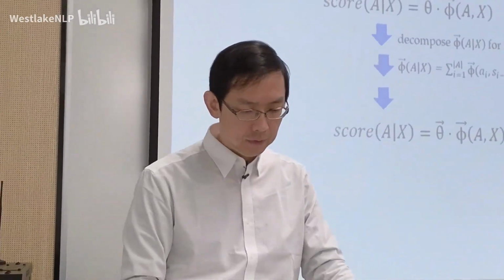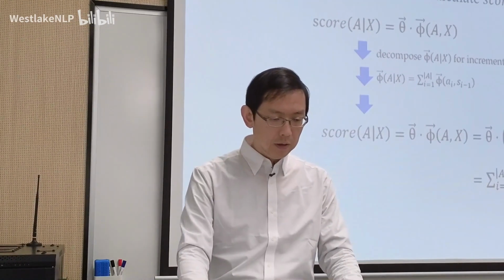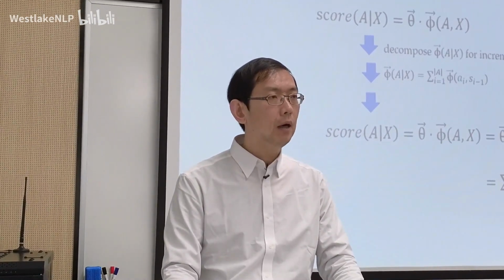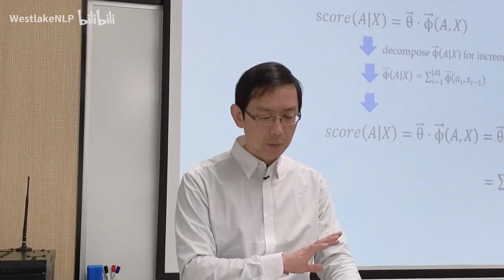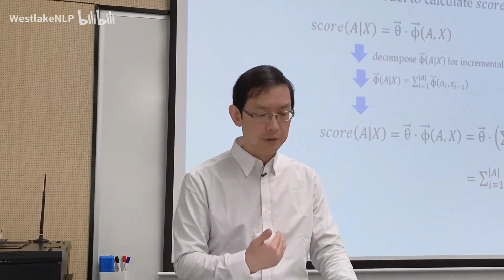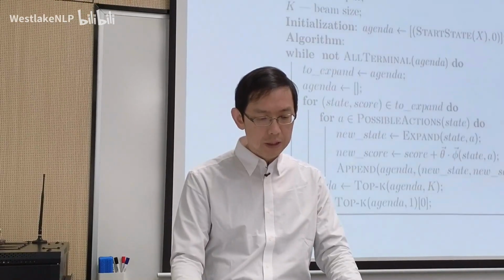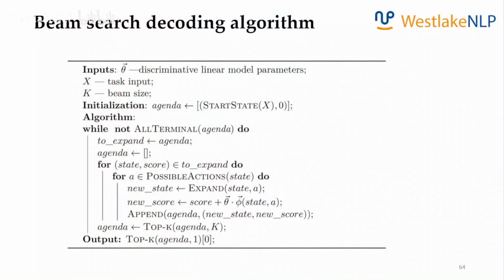Okay. While I haven't mentioned how to train this global model, let's combine this global model with beam search first. This is the pseudocode, okay? We just formulate the beam search process I just mentioned to you earlier.